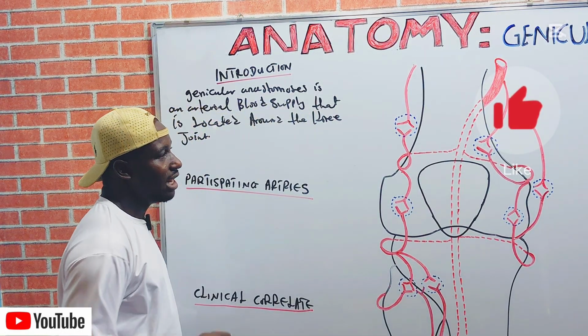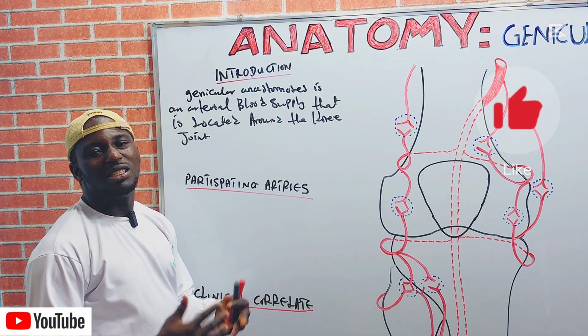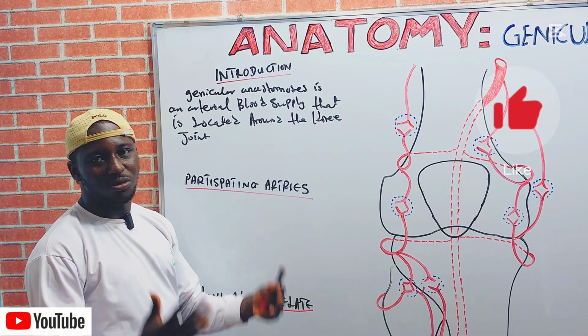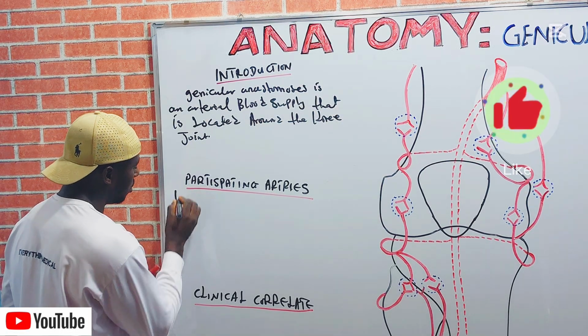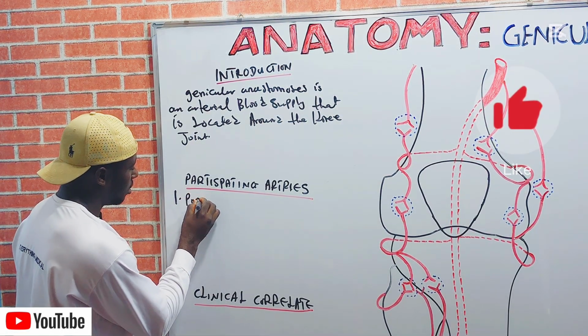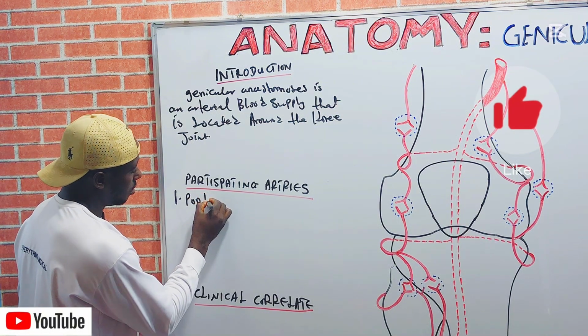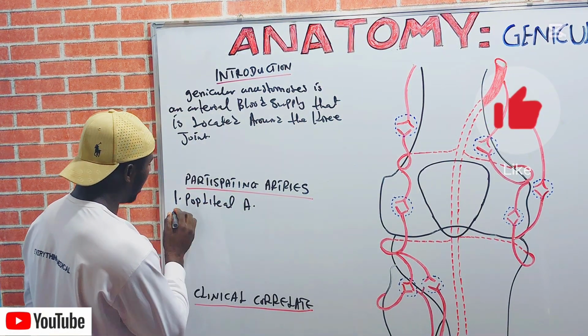Now, the next outline we shall be looking at is the participating arteries. What are those participating arteries that form the genicular anastomosis? Number one, we have the popliteal artery.